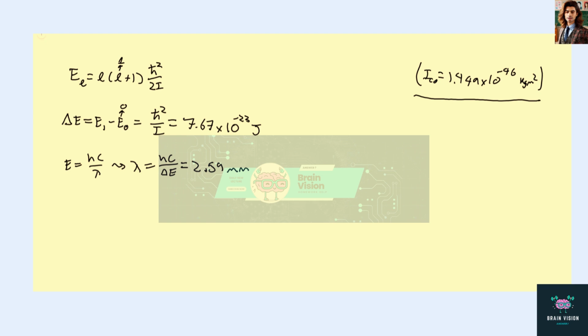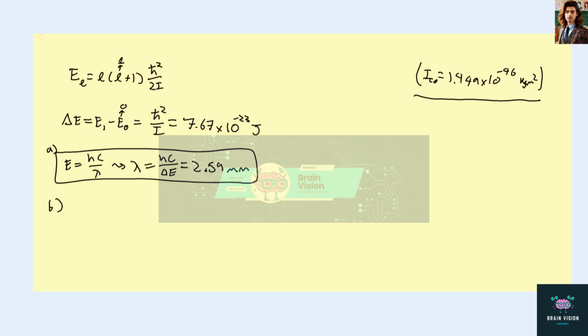So really quite a large wavelength, and this is millimeter wavelength, which is in the radio wave spectrum. Here, we will box this to show that we have solved part A.